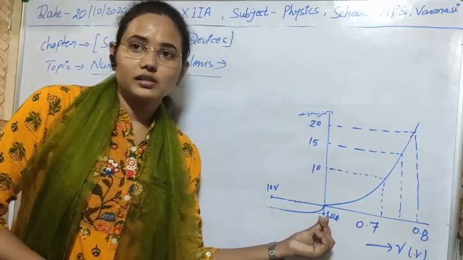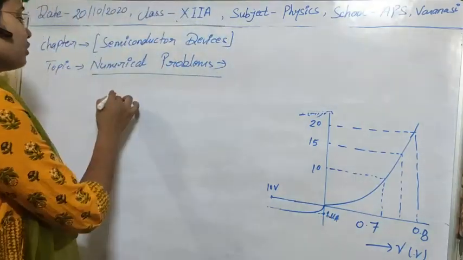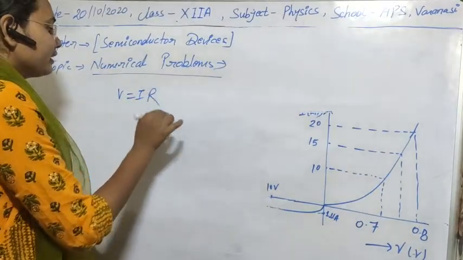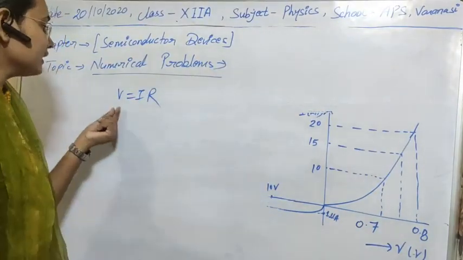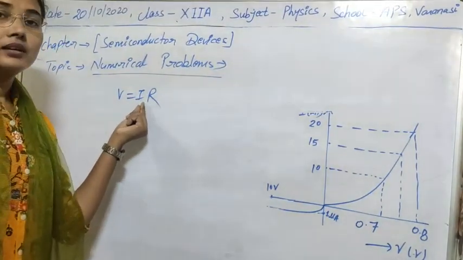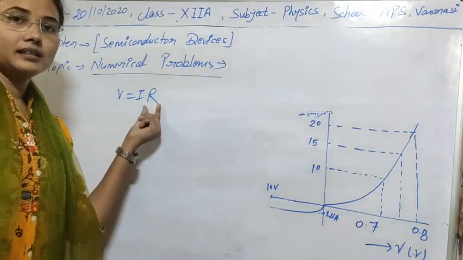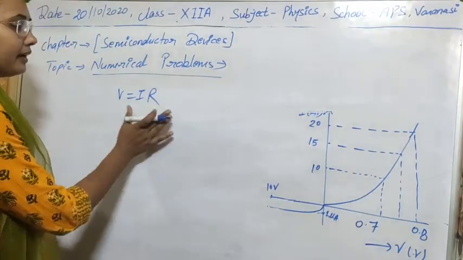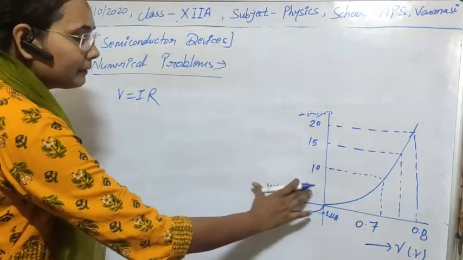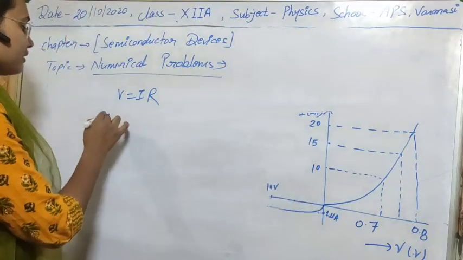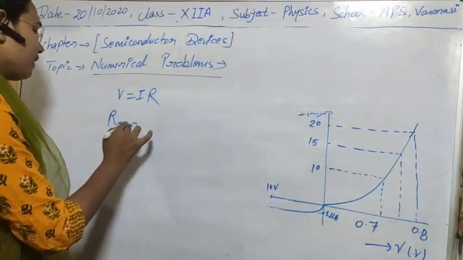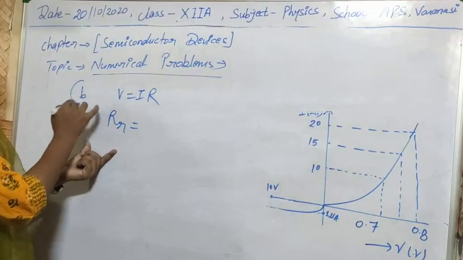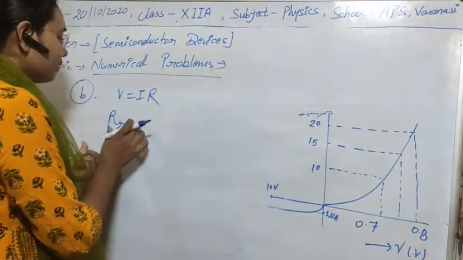If current is constant, then according to Ohm's law V equal to IR, if voltage is increasing then R must be increasing. So we can easily find the reverse resistance with the help of this formula. In the second case, at minus 10 volt, what will be the resistance?